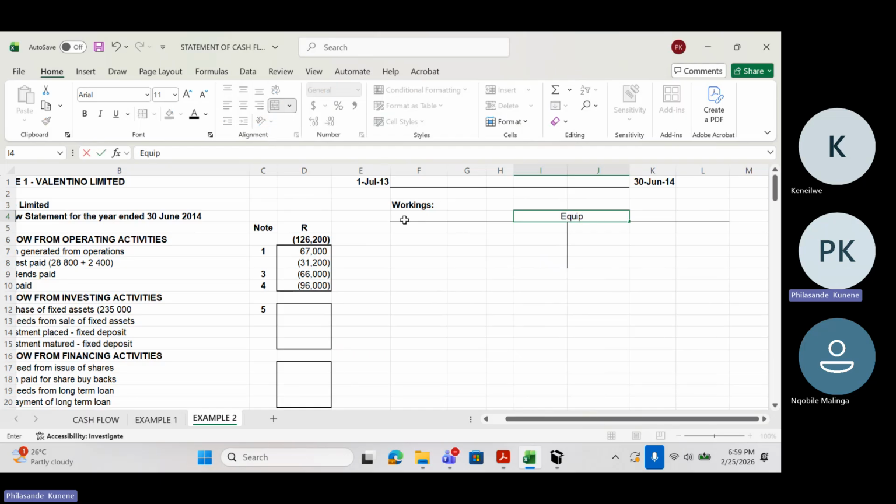So I'm going to have equipment, with a debit side and a credit side. We know that equipment is an asset account. It increases on the debit side and decreases on the credit side. So I'm going to have my opening balance, and then my closing, which is going to be a balance carried down.